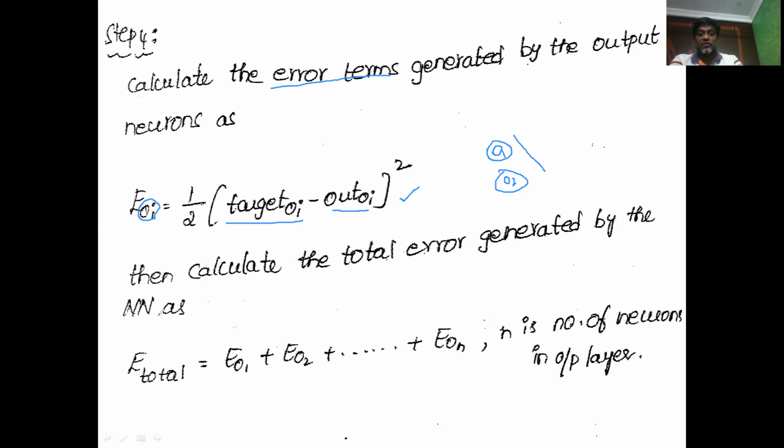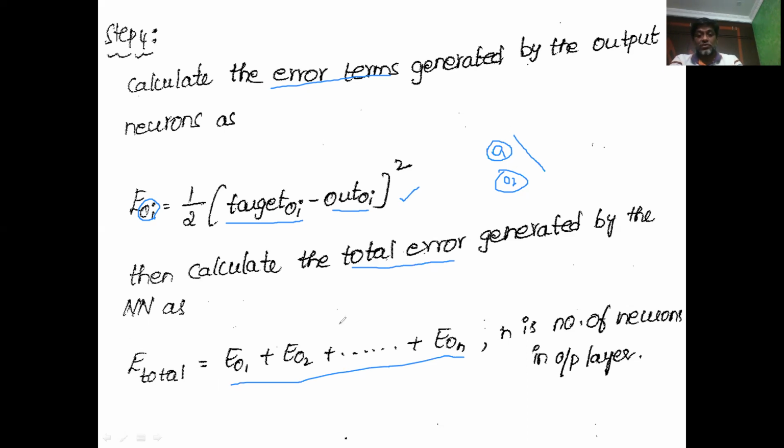Once every output neuron's error term is calculated using this formula, we need to calculate the total error generated by our neural network, which will be calculated as the sum of the error terms produced by all the output neurons.